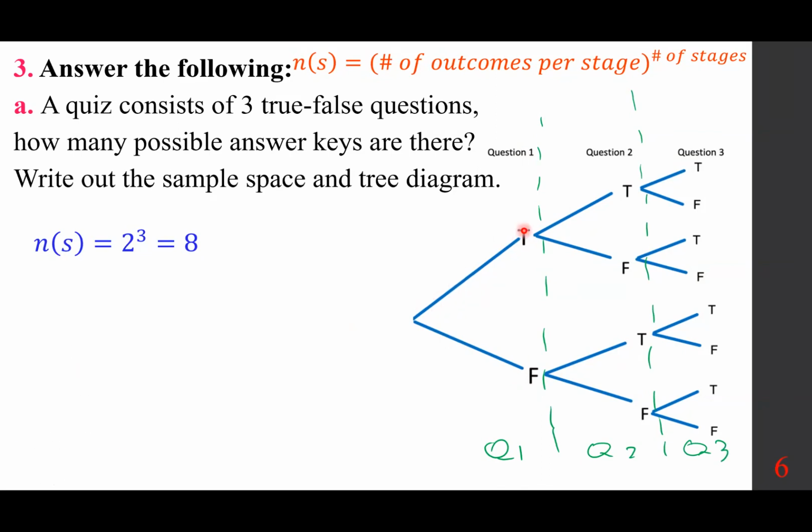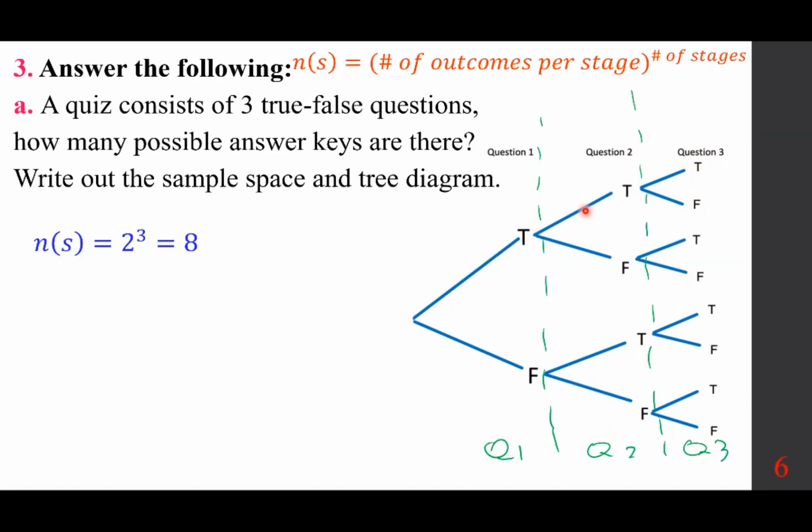So with this branch, we have true as well as false, the same thing here. So if we had only 2 questions, we would stop here. But when we go to the third question again, true, false, true, false.